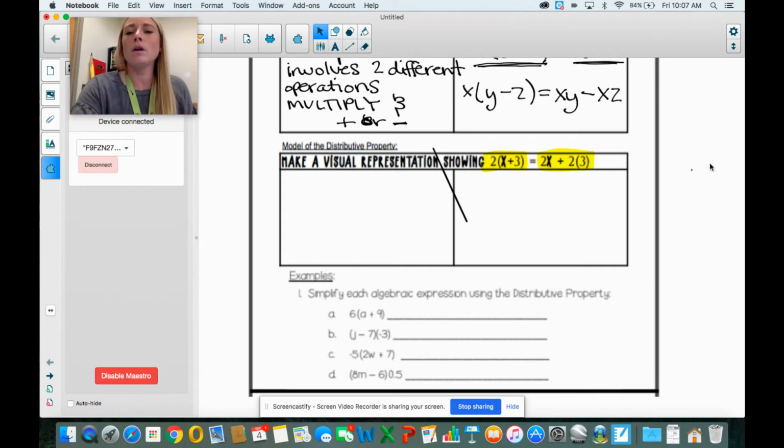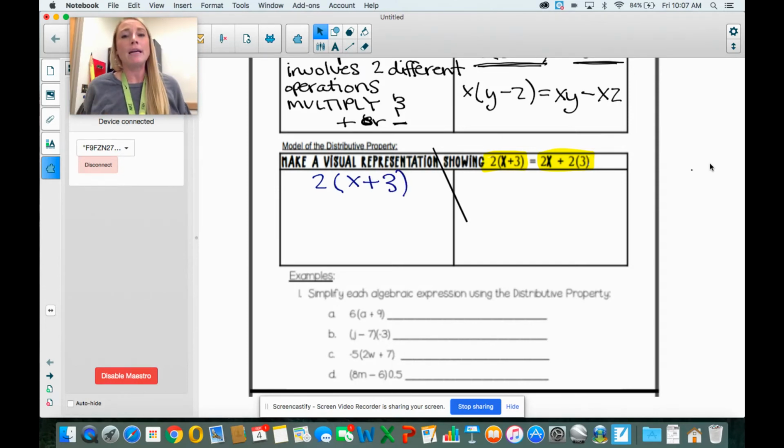Okay, so this first one, I have 2 parentheses x plus 3. Okay, so let's represent that with a picture. Let's use blue.